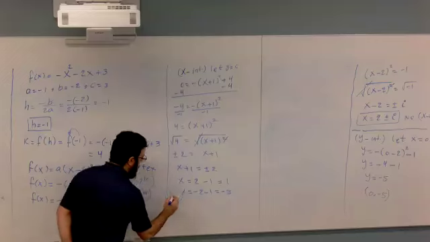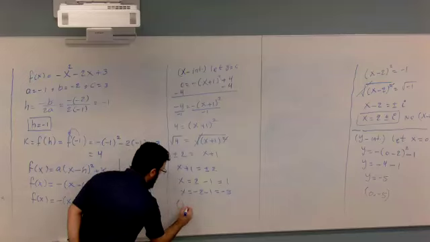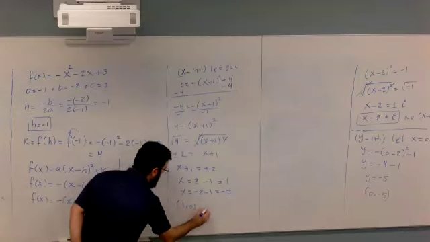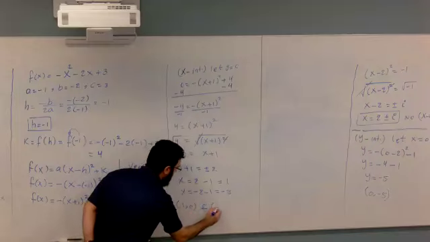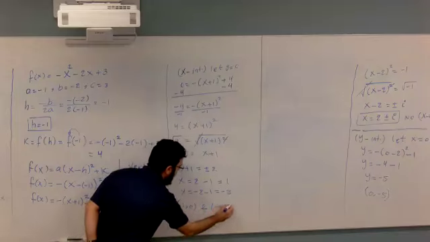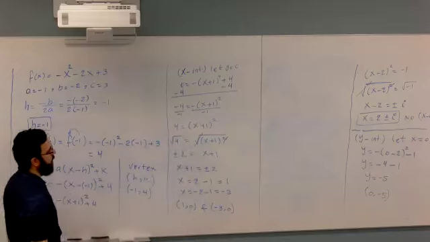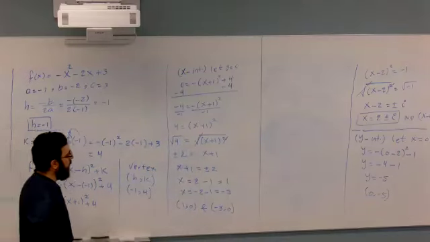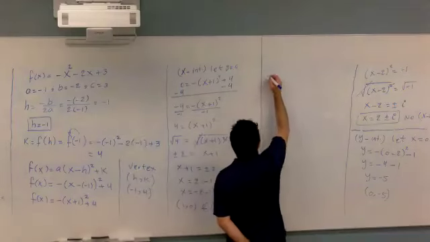So we have two x-intercepts: one is (1, 0), and the other one is (-3, 0). Okay. Can we find the y-intercept?